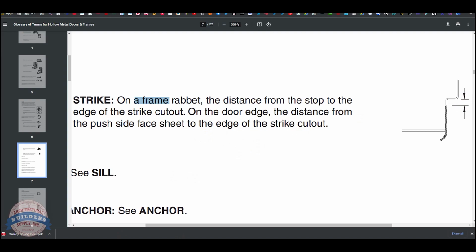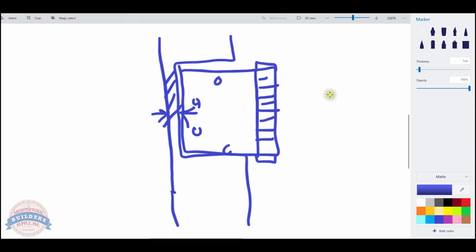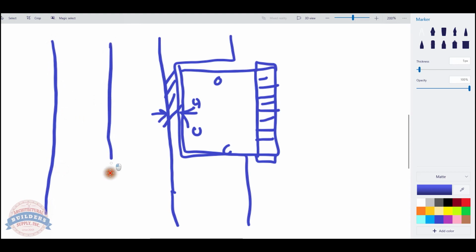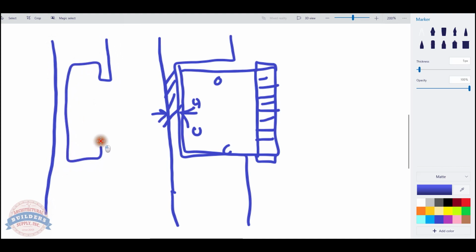And what they're saying there is, if you have a pair of doors, if you've got an inactive door, hole, your 4 7/8 strike is sitting in here, right?